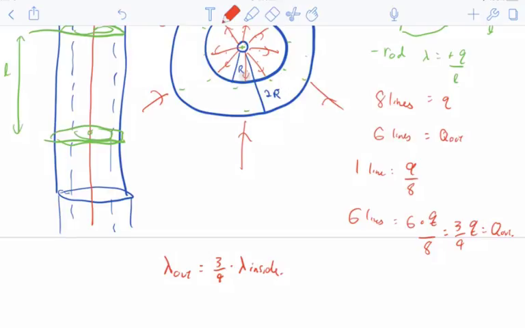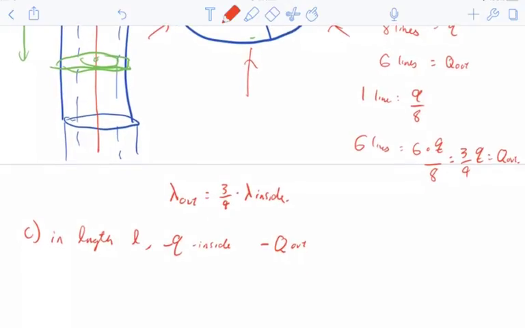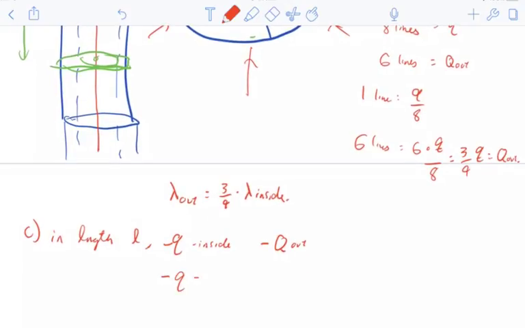In length L, what's the charge on the shell? Okay, so that's question C. In length L, there is little q on the inside, minus little q on the inside, and there's minus big Q on the outside. So the total is minus q minus 3 over 4q.